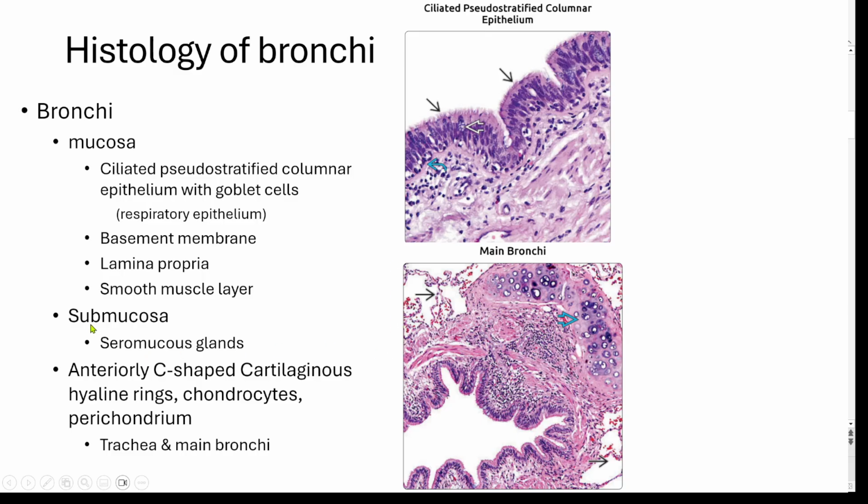In the submucosa, we have an area of seromucous glands, and it is an elastic collagenous area. We have anteriorly C-shaped hyaline cartilaginous rings, composed of chondrocytes, cartilage and perichondrium.